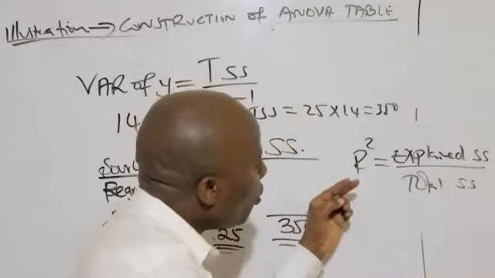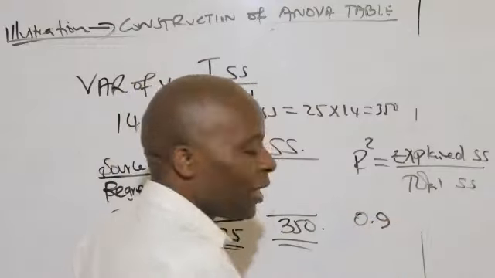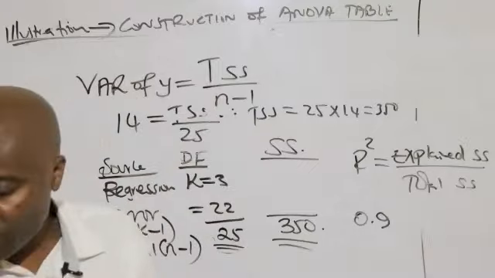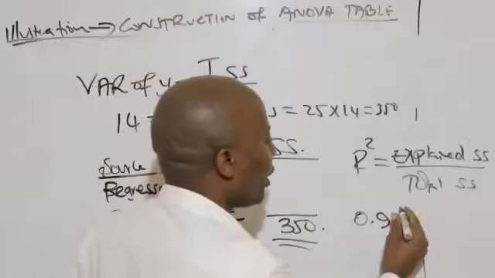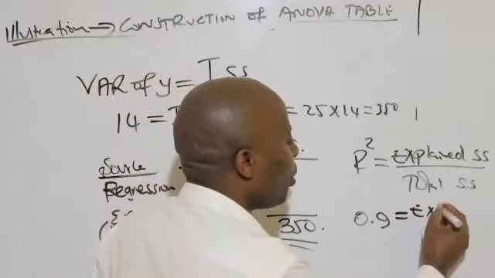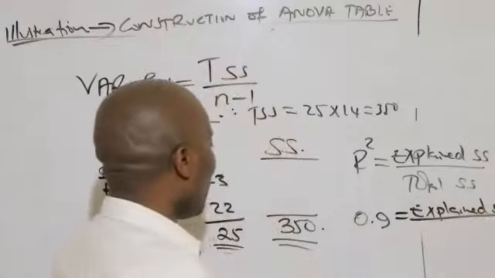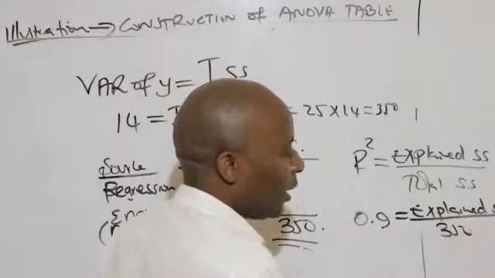And the R squared given up there, if my memory serves me right, is 0.9, which will be equal to the explained SS that I don't know all over the total SS. The total sum of squares is 350.